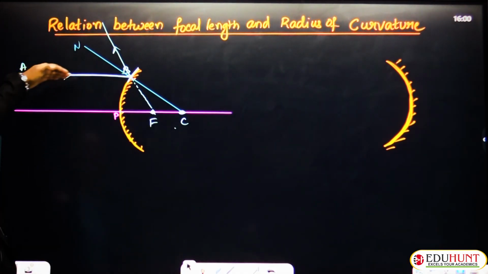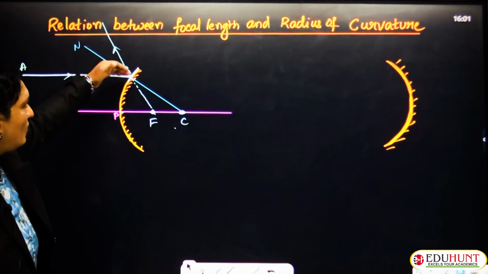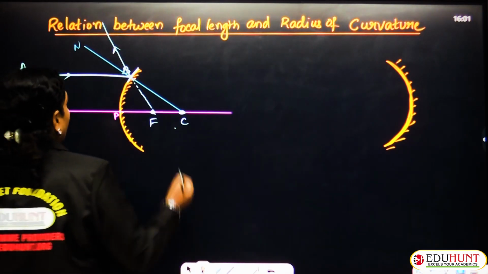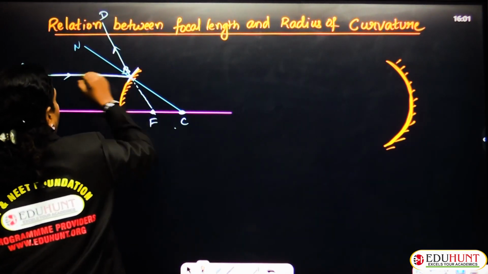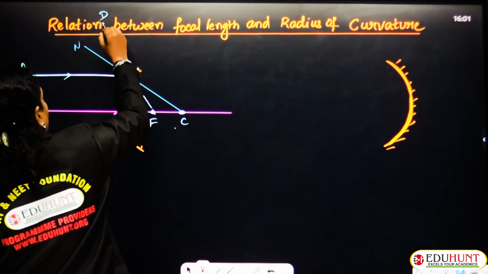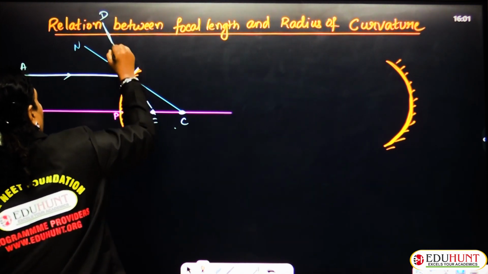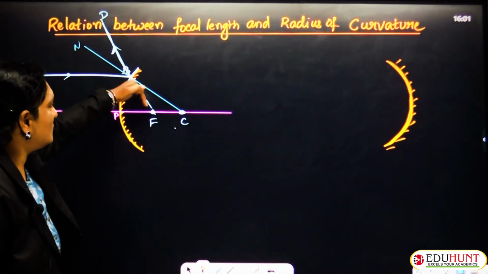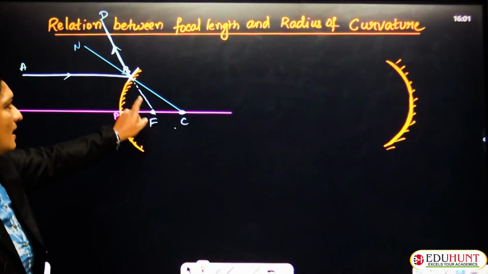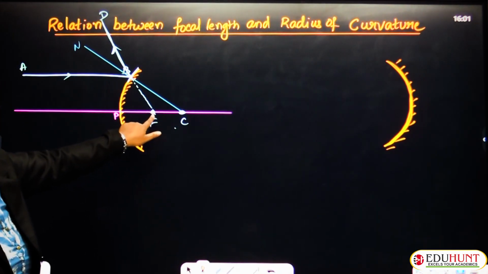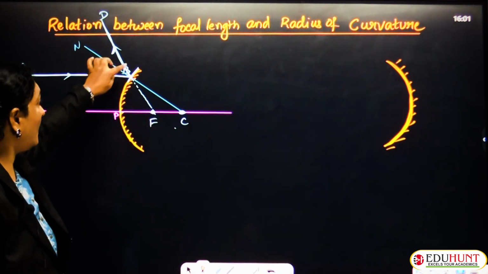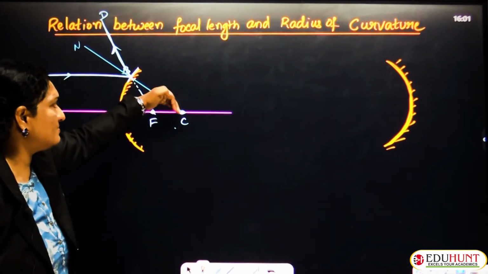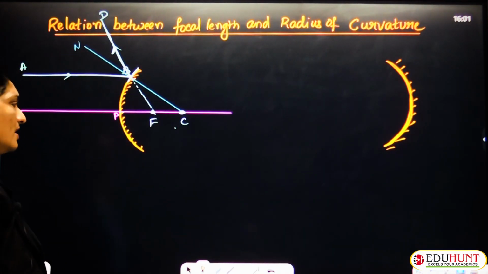All the parallel beam of light rays falling as AB will be reflected back, taking the path BD. AB is the incident ray and BD is the reflected ray. But if BD is produced inside, it appears as if it is meeting at a point F. For this curved surface, a perpendicular drawn always meets at the center of curvature.